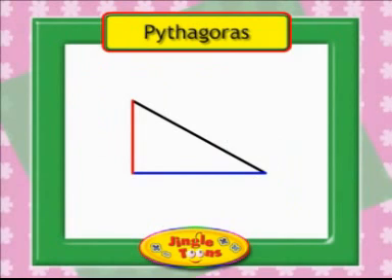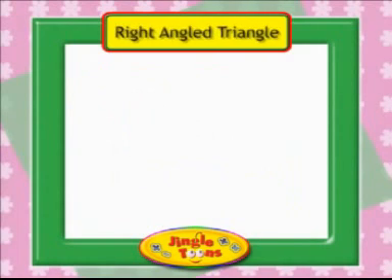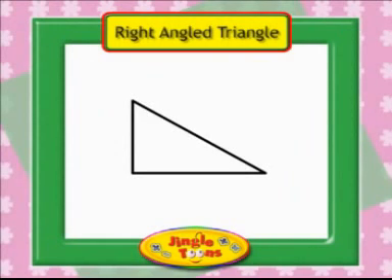Pythagoras theorem is about the relation between lengths of sides of right-angled triangle. Right-angled triangle. A triangle having one of its angles as right angle, 90 degrees, is called as right-angled triangle. Other two angles in this triangle are smaller than 90 degrees, and the right angle is the largest angle in the triangle.